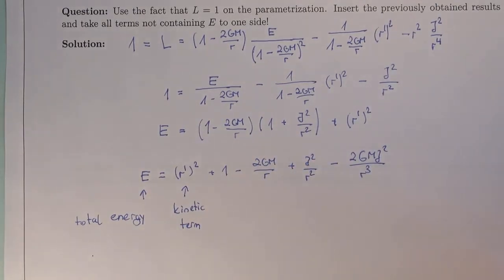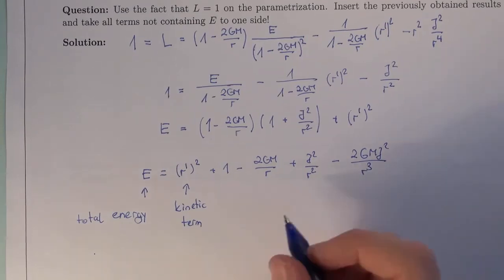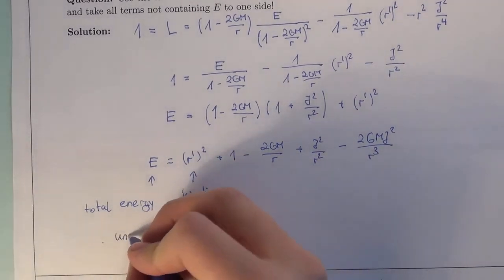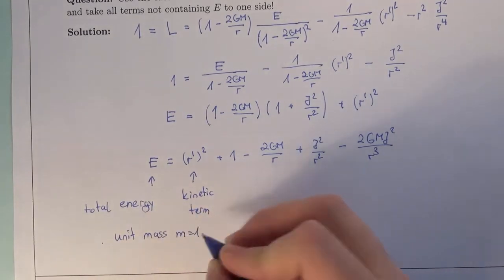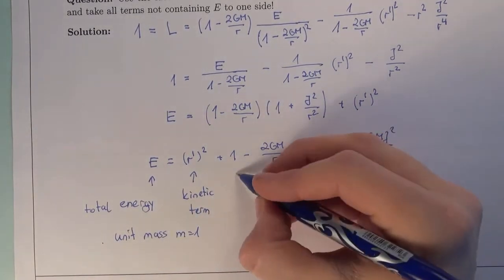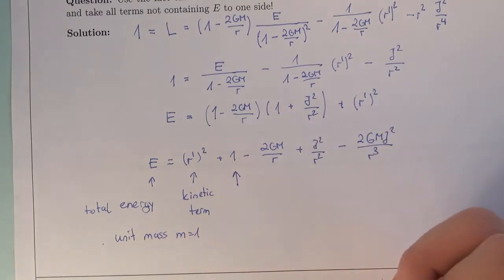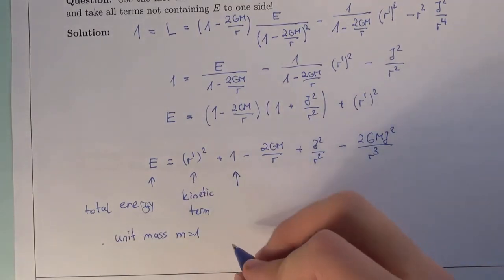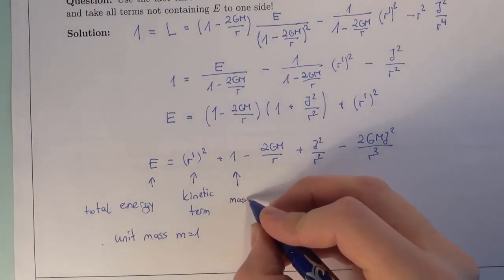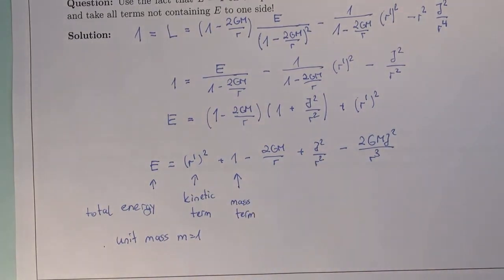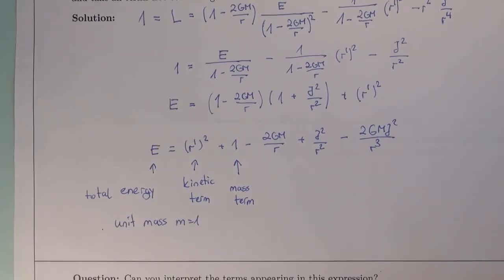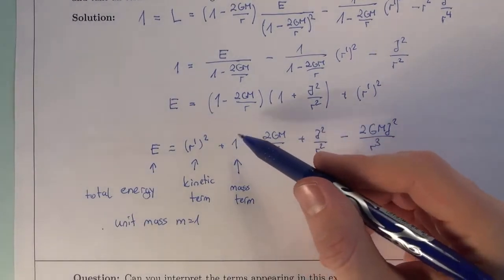We have not introduced a mass here, so we have unit mass m equals 1. Then this term here, the 1, is just the mass term, the relativistically correct mass term, which would be mc squared. However, we set both m and c to 1, so we just get the 1 here.